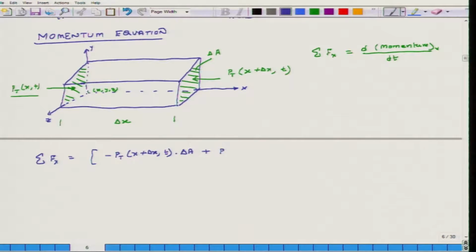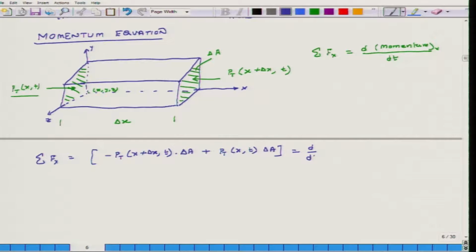So, it is P(x,t) times delta A, and this sum of forces equals rate of change of momentum in the x direction.